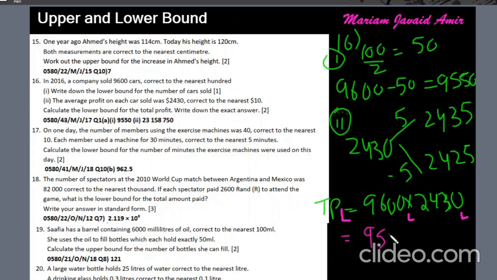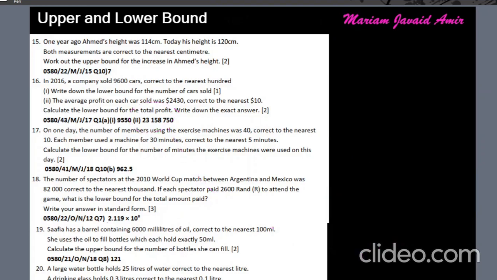So the lower bound is 9550 that we've calculated in part 1 times lower for dollars is 2425. So 9550 times 2425, which is 23,158,750. Yes, we're getting this answer. So this is the answer for this part.